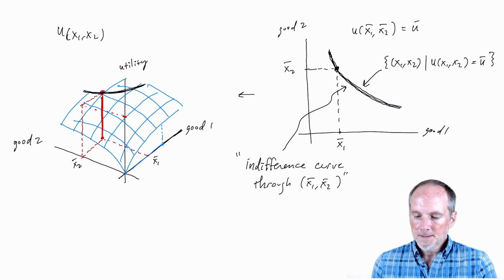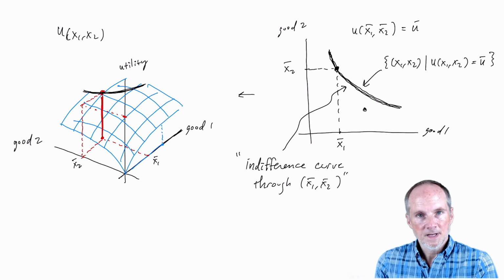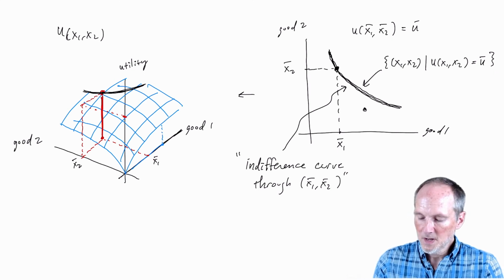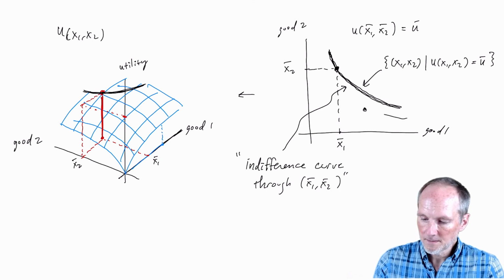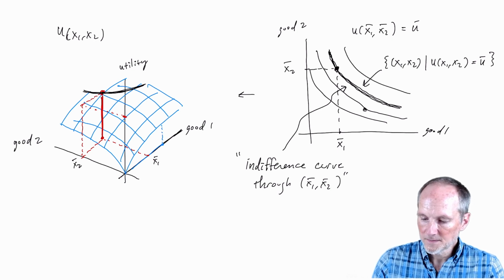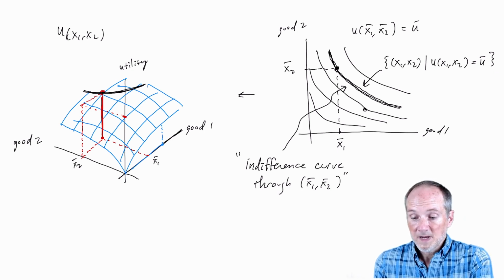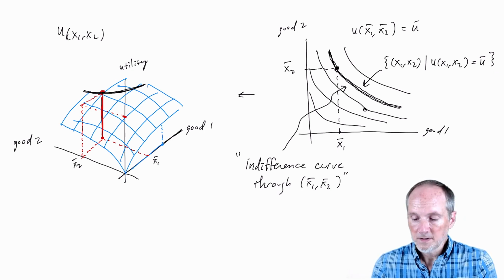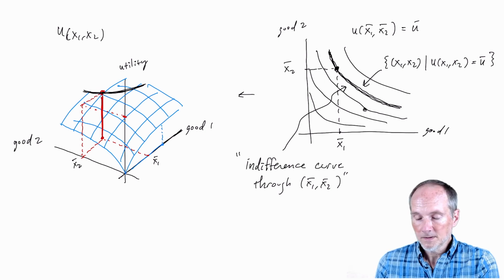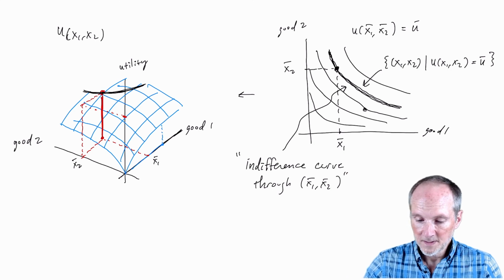If we picked a different bundle to begin with, we could have done the same exercise, and there's going to be some collection of bundles with the same utility as that. And in fact, this whole quadrant is filled up with these curves. Again, they're basically just a topographical map of this utility hill. They're all called indifference curves. This is not the best picture because I should emphasize these curves can't cross.